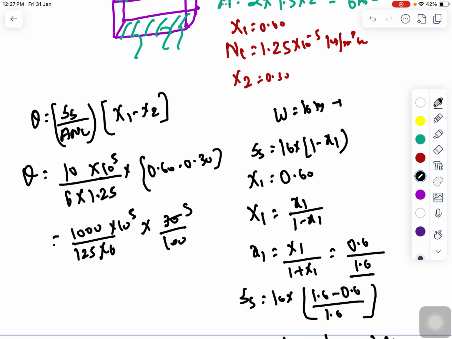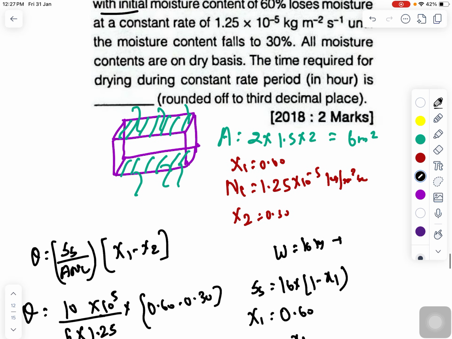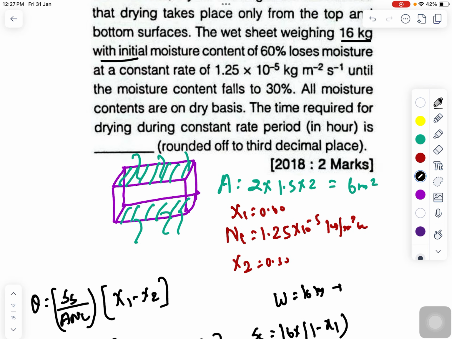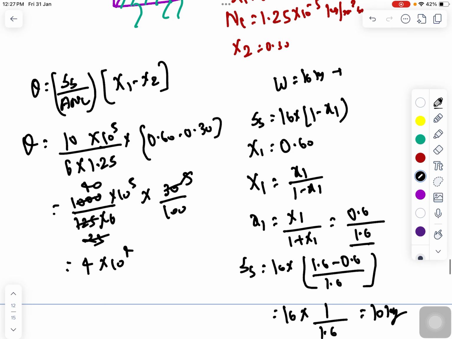So you can calculate something like that, and you get 4 into 10 to the power 4. What is the unit here? It is in seconds, but you are supposed to calculate in hours, so that is 4 into 10 to the power 4 divided by 3600. This will give you the answer in hours.